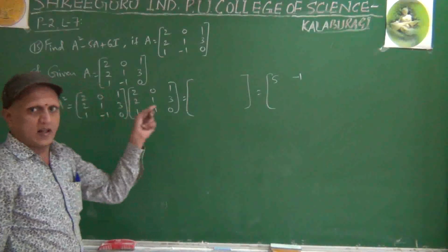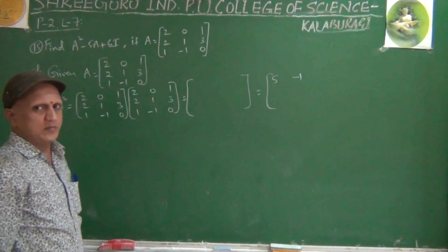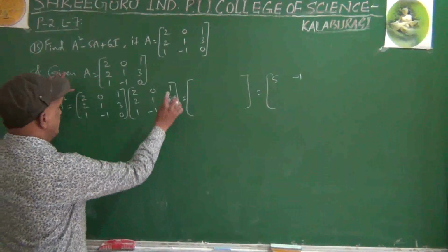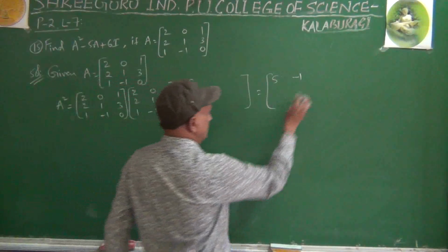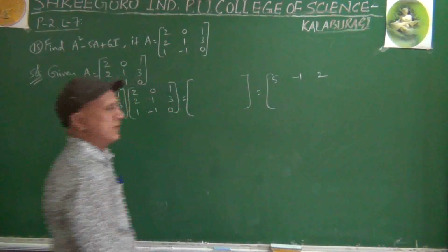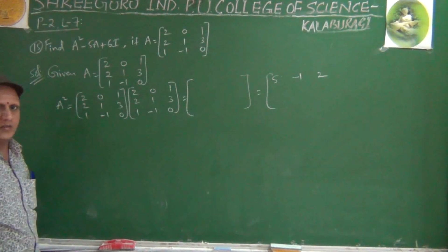If you already understood the method of how to multiply, then you can play with this. First row: first column, second column, third column.